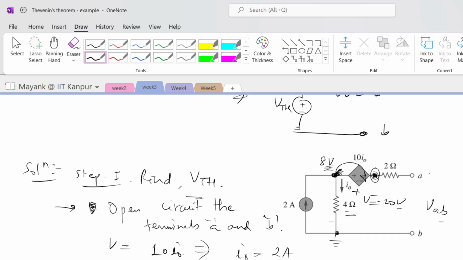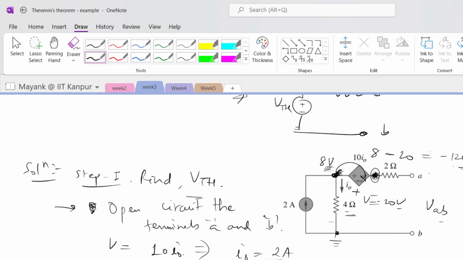So if this is 8 volts, this particular node will be 8 minus 20, which is equal to minus 12 volts, right? So this node here is at minus 12 volts.